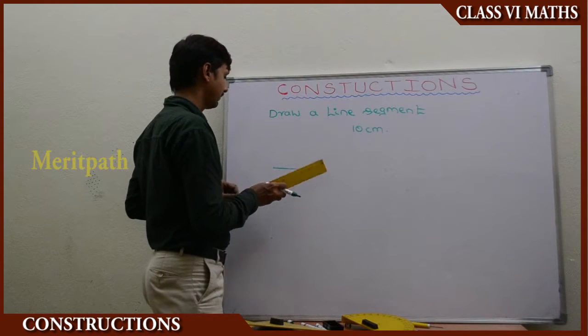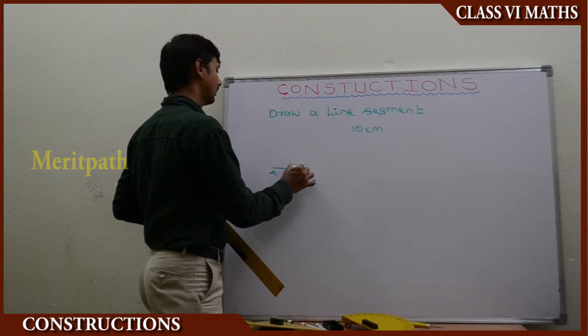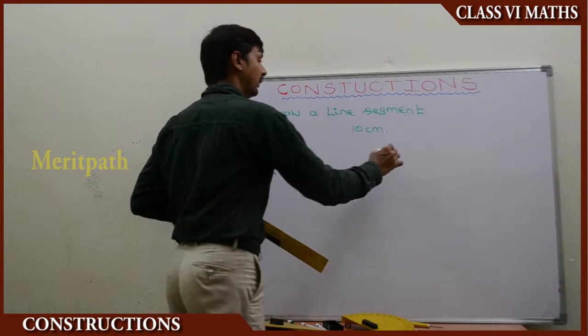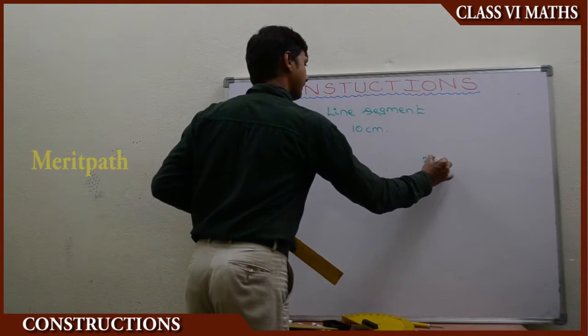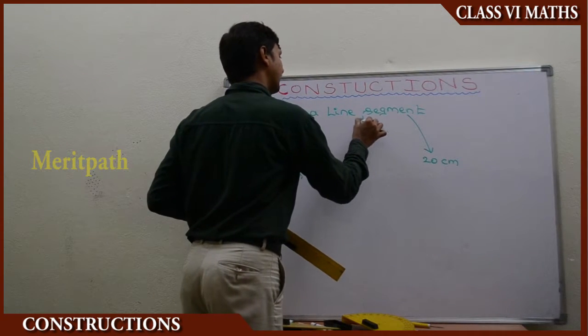So 0 to 10 centimeters. Name this line segment as AB. A and B is 10 centimeters. For example, let's draw a line segment of 20 centimeters. This is the 10 centimeters we have drawn.